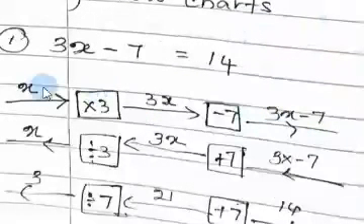Here 3x minus 7 equals 14. I want to get a solution for x by using flowcharts, right?